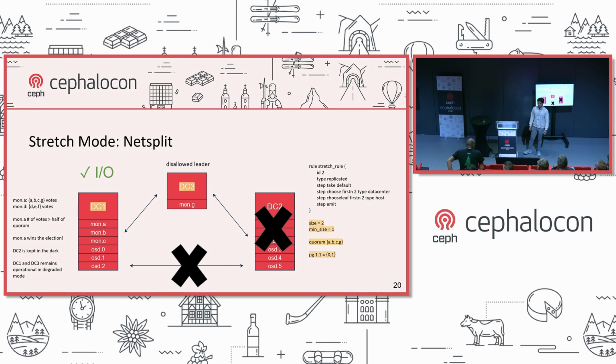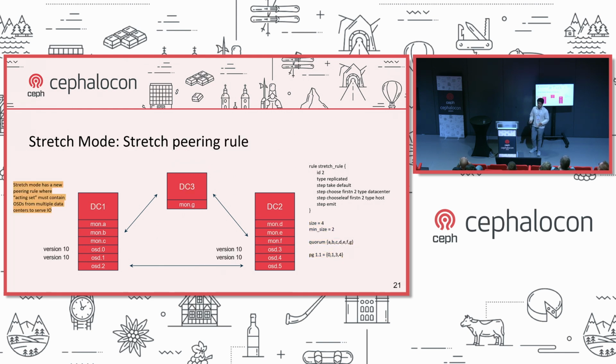PG 1.1 acting set has a size of 2. I know that the peering rule states that it needs, we'll get to that. Sorry, I was jumping the gun. Okay, so what I was about to talk about is that stretch mode has a stretch peering rule, which states that, other than the acting set size being more than or equal to the min size, which allows the PG to go active, acting sets must contain OSDs from multiple data centers to serve I/O.